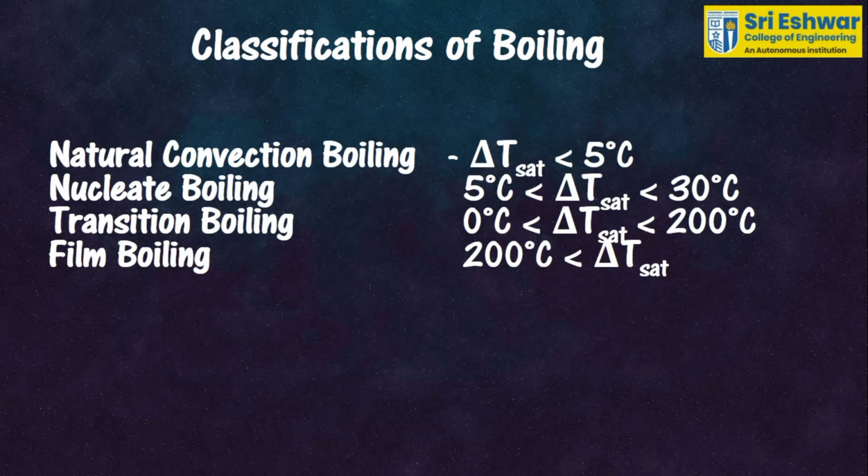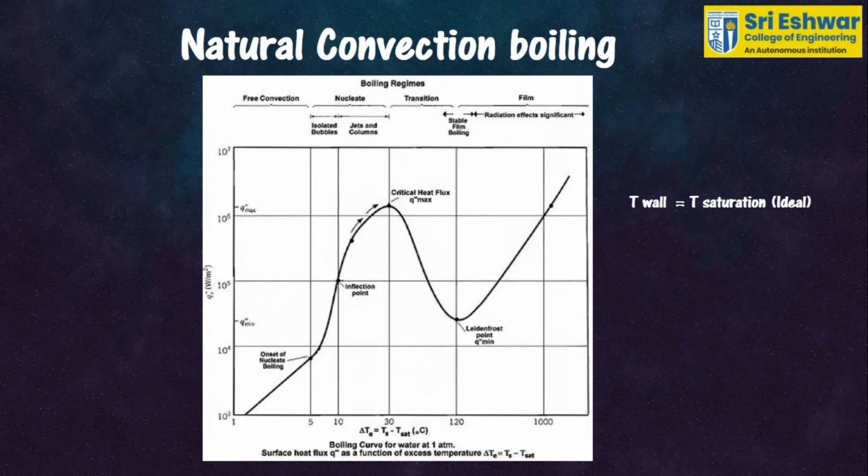Similarly, above 5 degrees Celsius and within 30 degrees Celsius of saturation temperature difference, delta T sat, nucleate boiling occurs. Transition boiling occurs greater than 30 degrees Celsius and less than 200 degrees Celsius. Finally, film boiling occurs when delta T saturation is greater than 200 degrees Celsius. This is a classification of boiling.